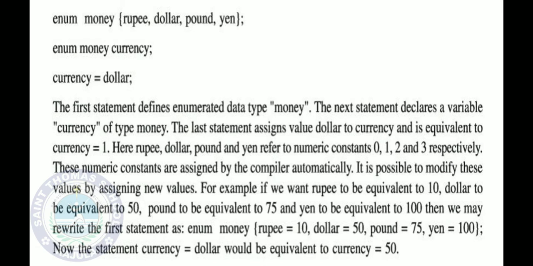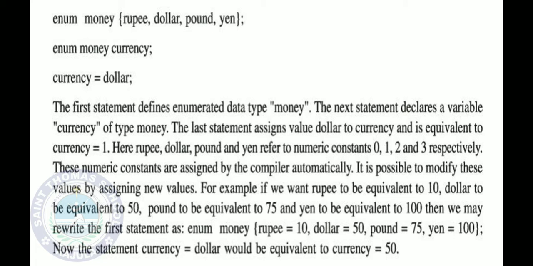You just see here the first statement, that is enum money, then in the curly braces rupee, dollar, pound and yen. So this first statement defines the enum data type money. Here we have declared the enumerated data type money. Then the next statement declares a variable currency of type money.